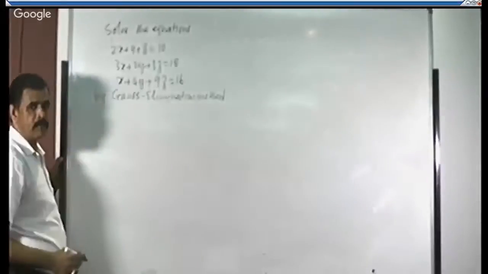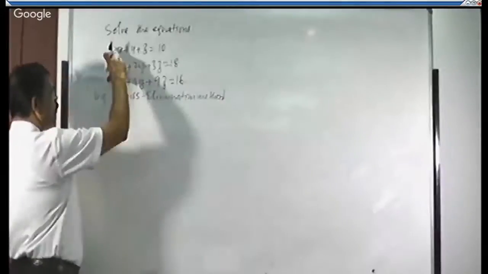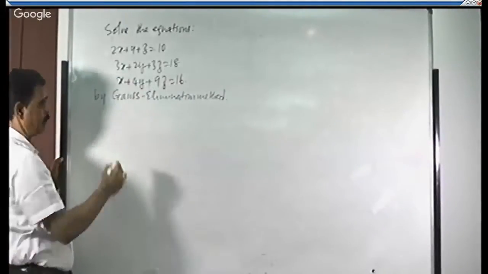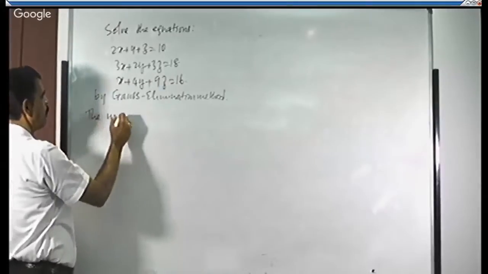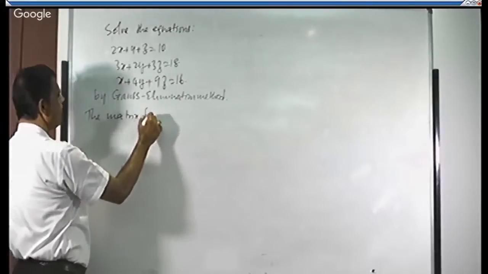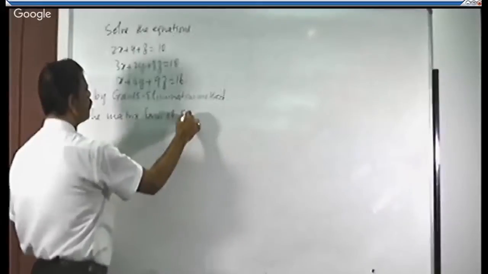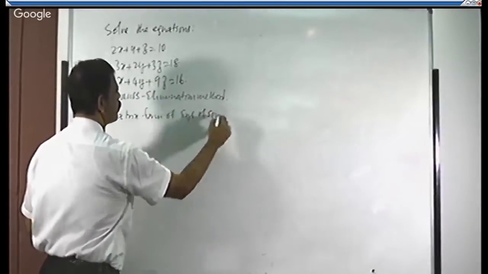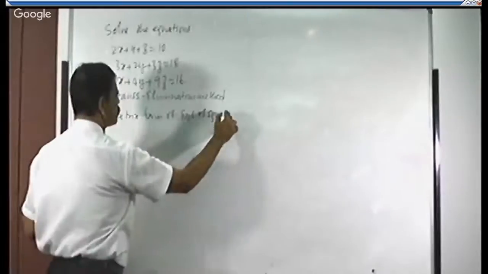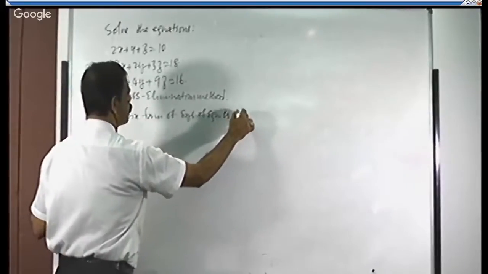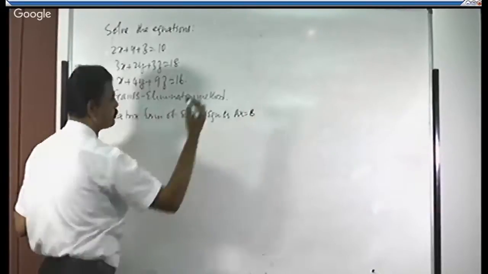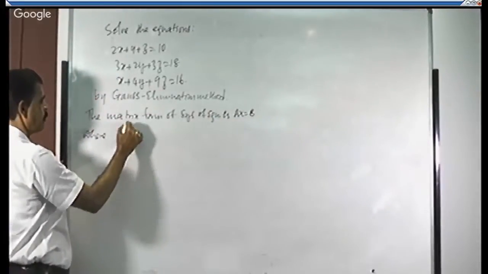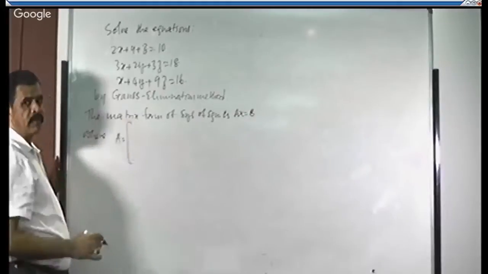What is the first step? We need to follow it. These equations should be taken to the matrix form, right? The matrix form of the system of equations is A x is equal to b. What is A? A is equal to the coefficients of x, y, z.